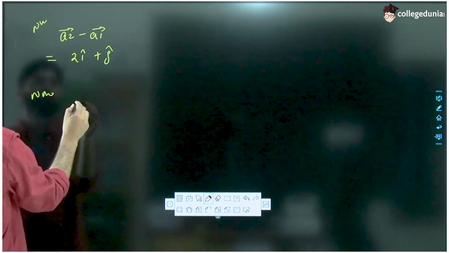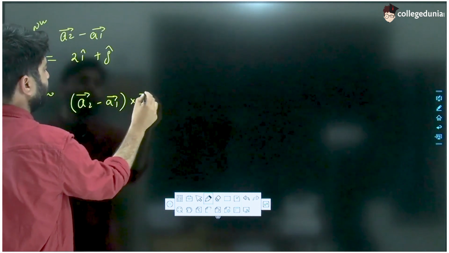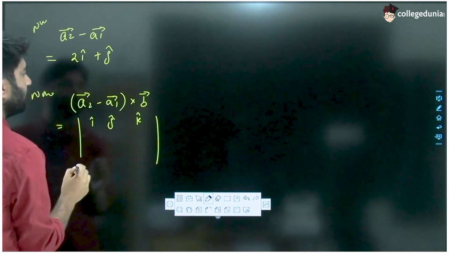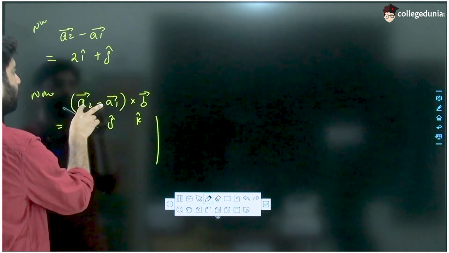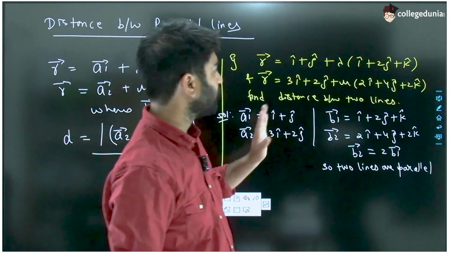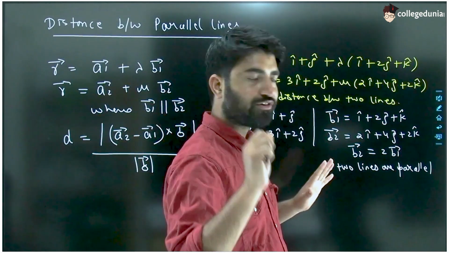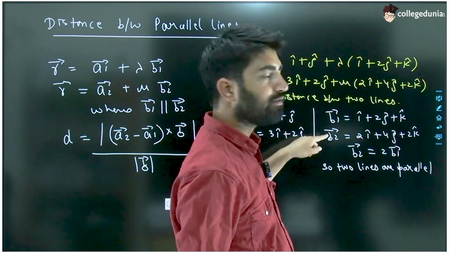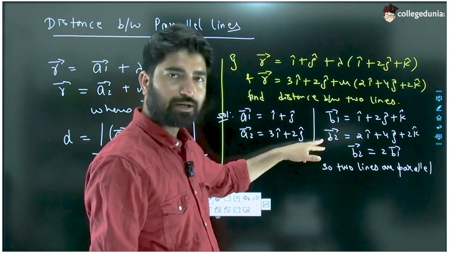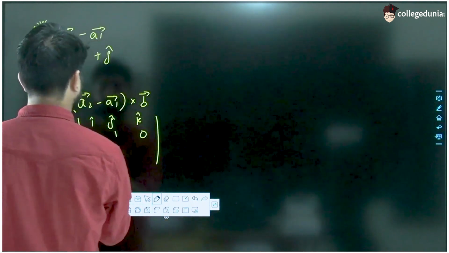Okay. Now we have to find a2 minus a1 cross with b vector. So in first row we will have i, j and k. In second row, direction ratios of a2 minus a1 vector which are 2, 1 and 0. Then direction ratios of b vector. Here a question will come: which vector should be taken as b vector, b1 or b2? In this situation, remember you can choose either one of these two vectors as b vector. It can be b1, it can be b2. So let's take b1 vector: 1, 2 and 1.